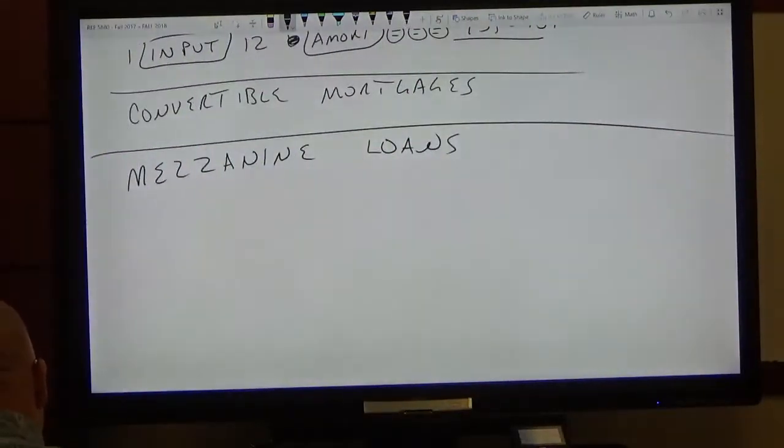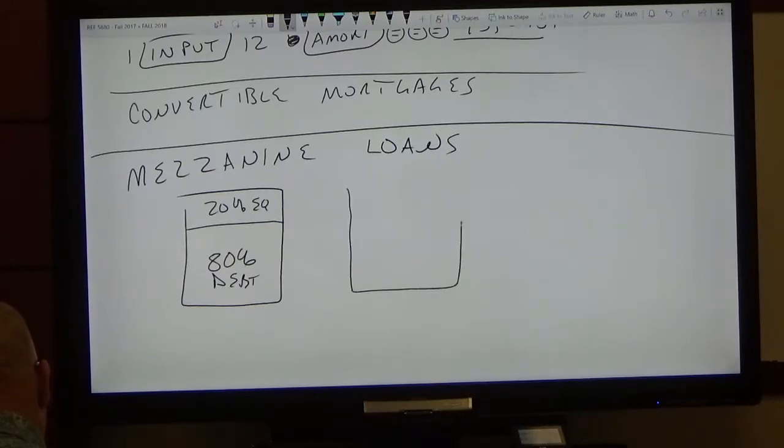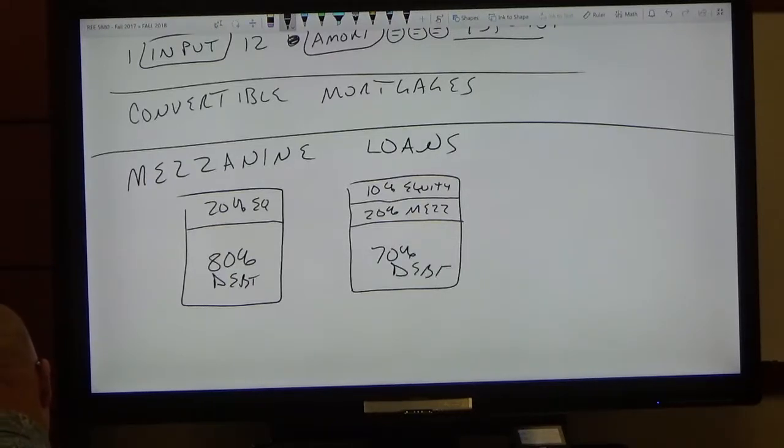I think we even drew up capital stacks and said, okay, maybe the normal loan where we've got 80% debt, 20% equity, now begins to look more like maybe 10% equity on top of maybe 20% mezzanine on top of 70% debt, okay?